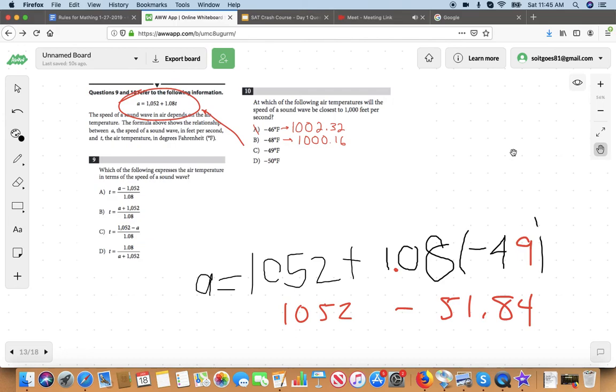Double check. It's 1.08 times 49. Yeah, it's 52.92. That's what I got too. So that's 999.08. Which one's closer, B or C? B is closer, so C's gone.